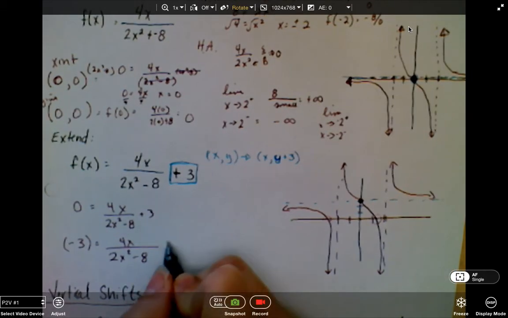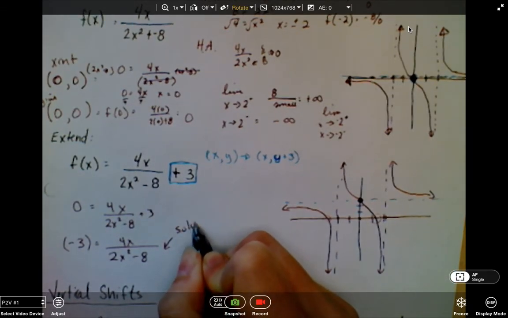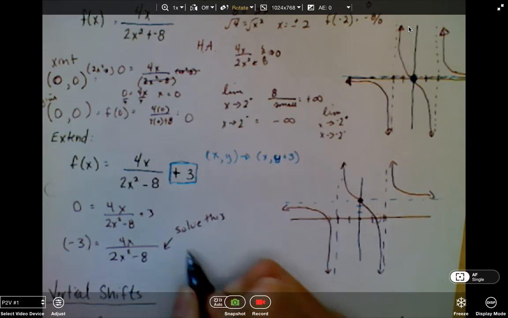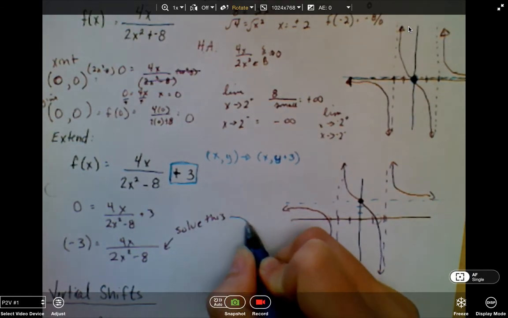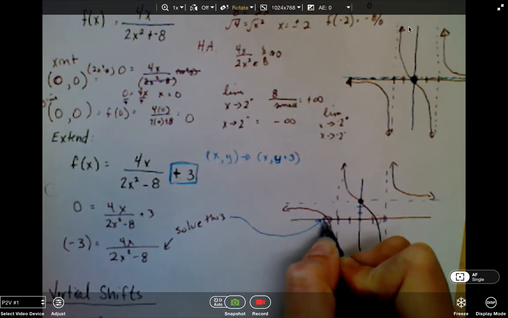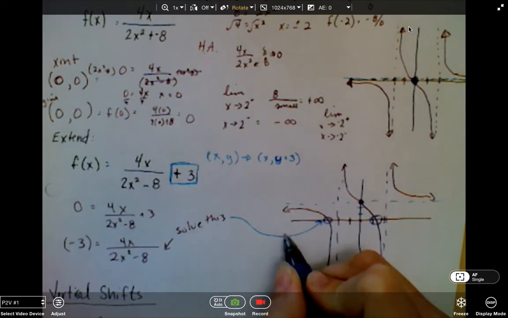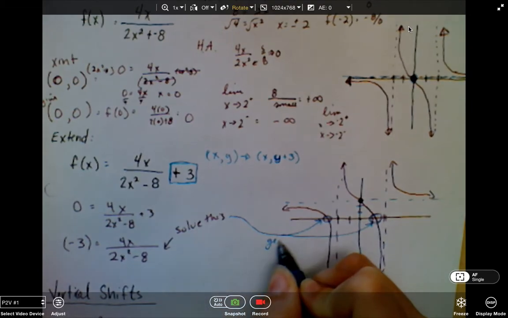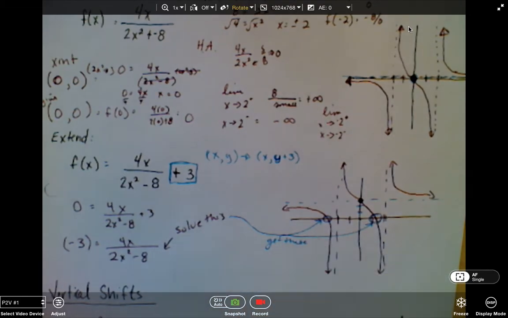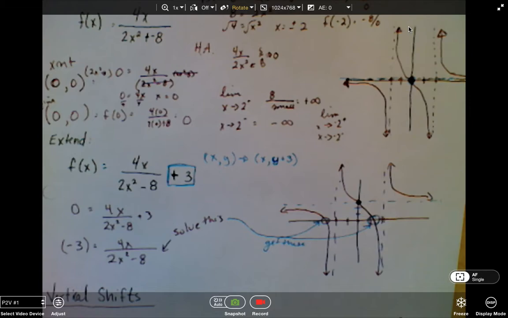So if you solve this, you will get 2 values, okay, and those values give you these. Solve this, get these. But I'm not going to be super picky about that for this moment.